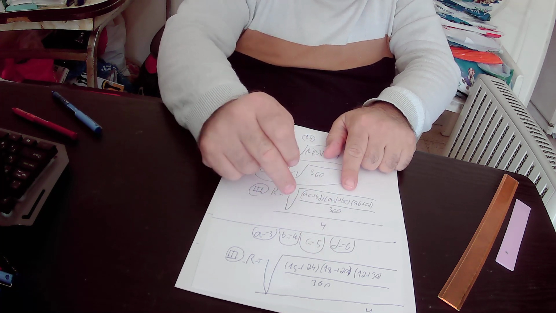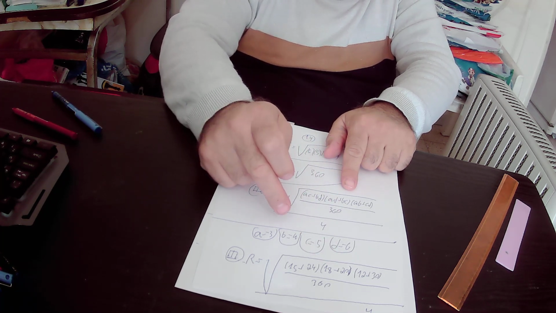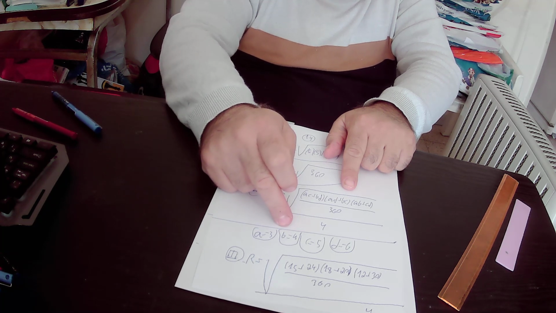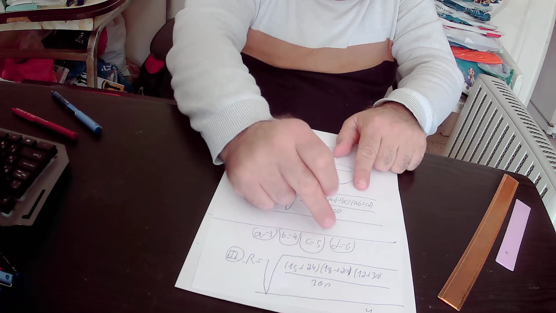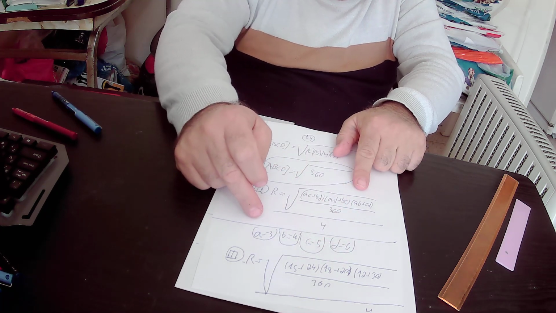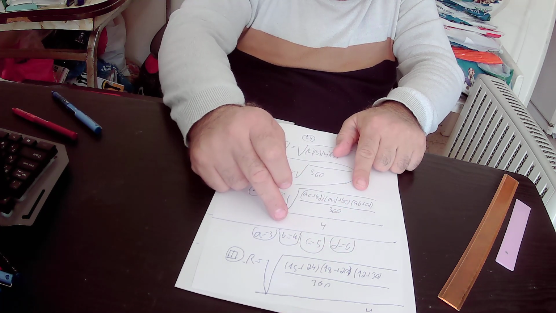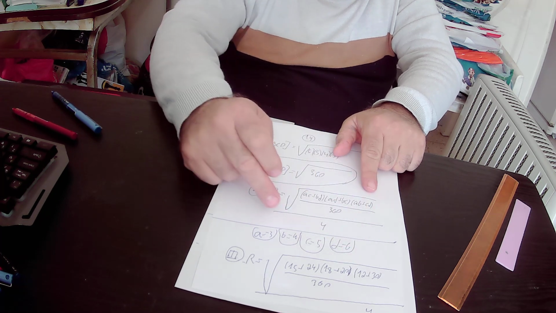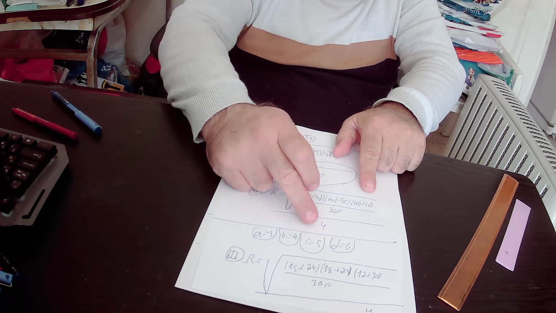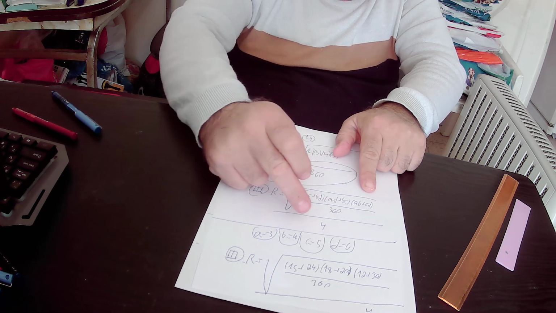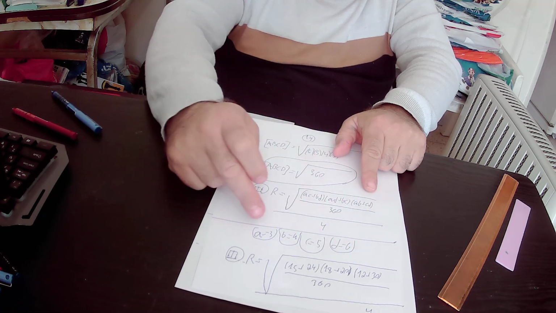We have BC, B equals 4, C equals 5, so 5 times 4 is 20. We have AB, A is 3, B is 4, so 3 times 4 is 12, and we also have CD inside this root. C is 5, D is 6, so 5 times 6 is 30.